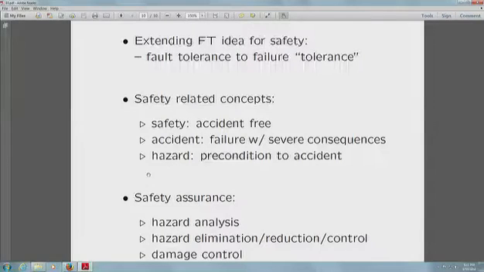For example, you can use fault trees, event trees, and various other things, look at the preconditions, and then either eliminate some of them or weaken the link between those preconditions and your accident. Even if you do have an accident, you try to reduce the damage.